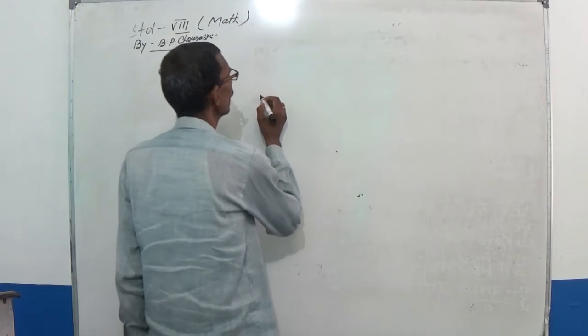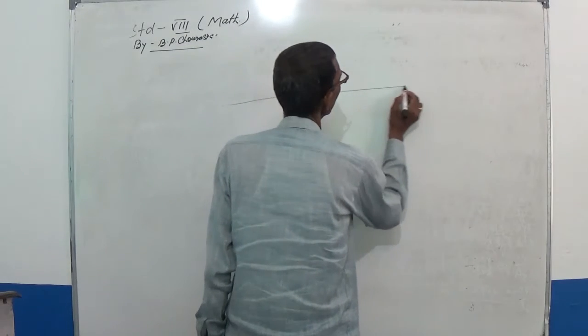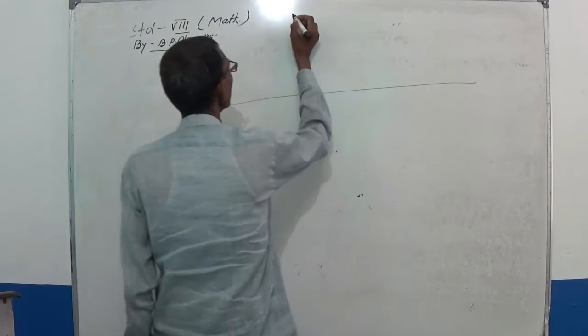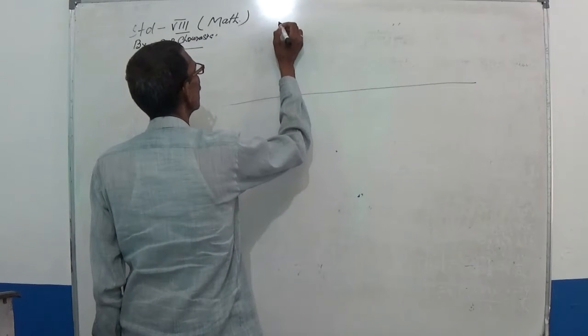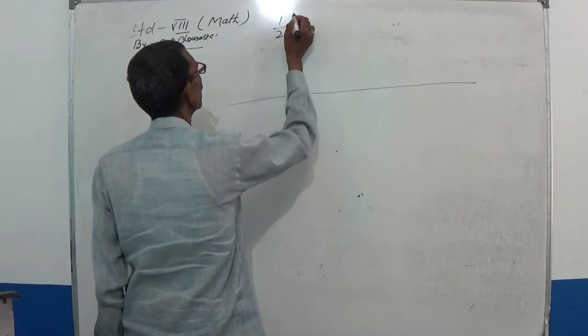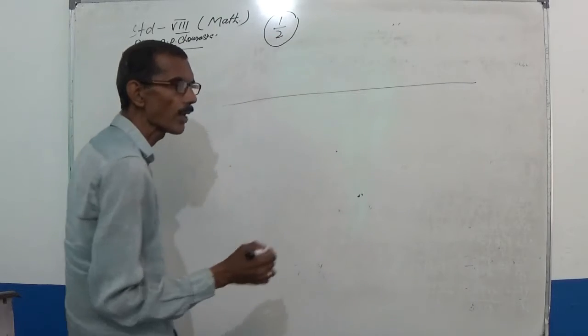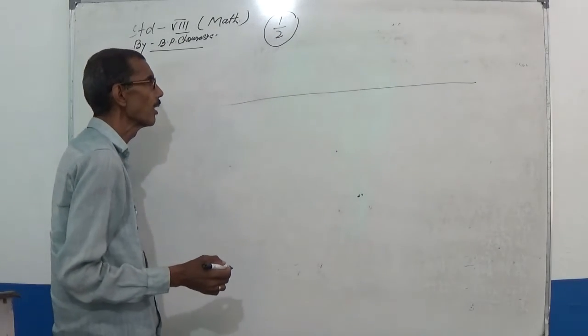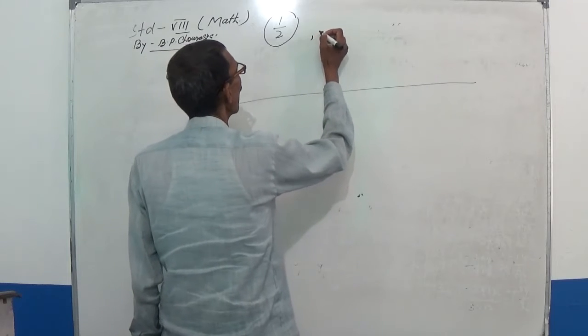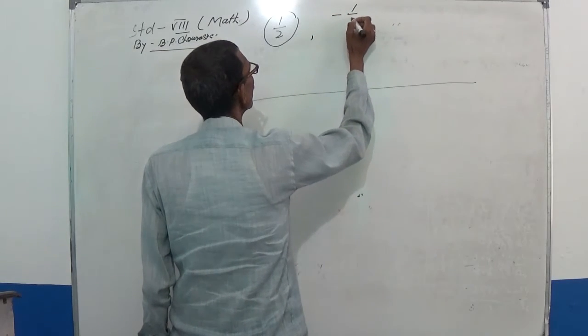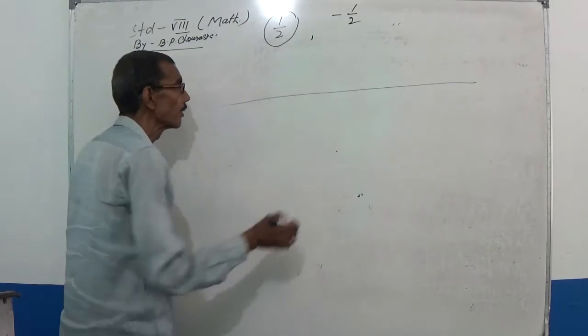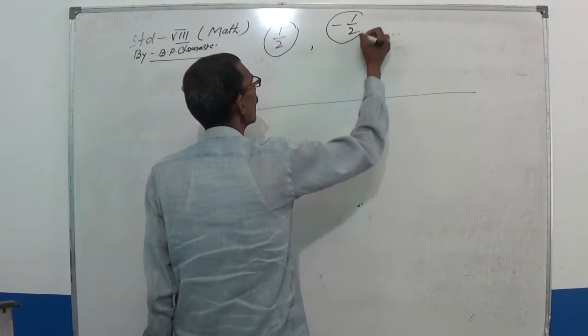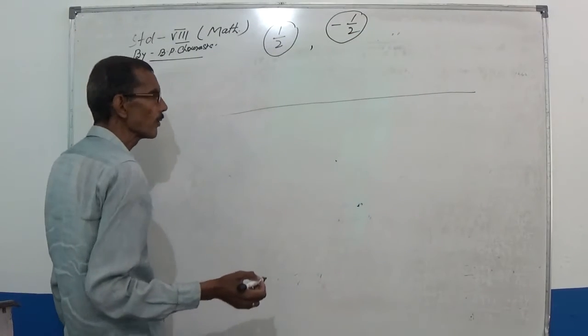Now represent a rational number. Suppose 1 by 2 is given as a rational number and minus 1 by 2 is another number. How can you represent it on the number line?